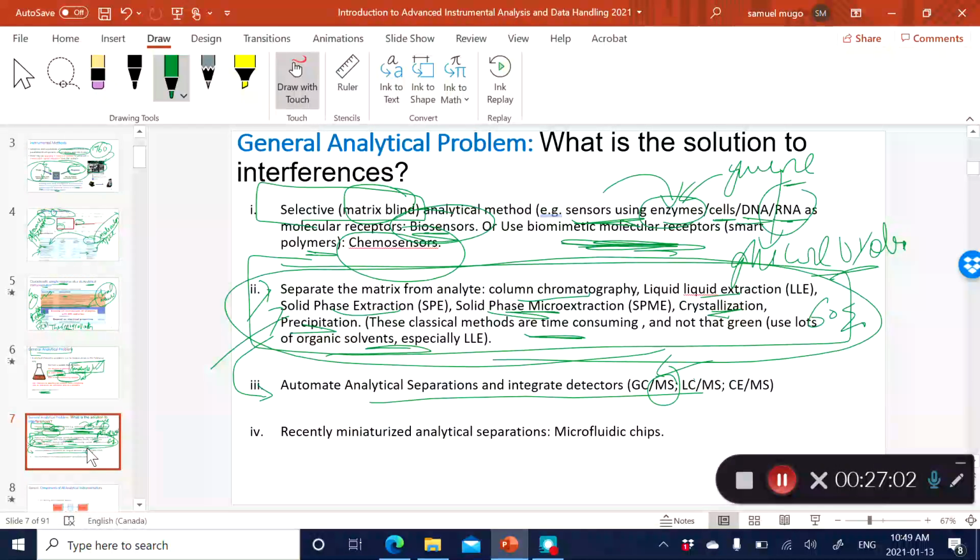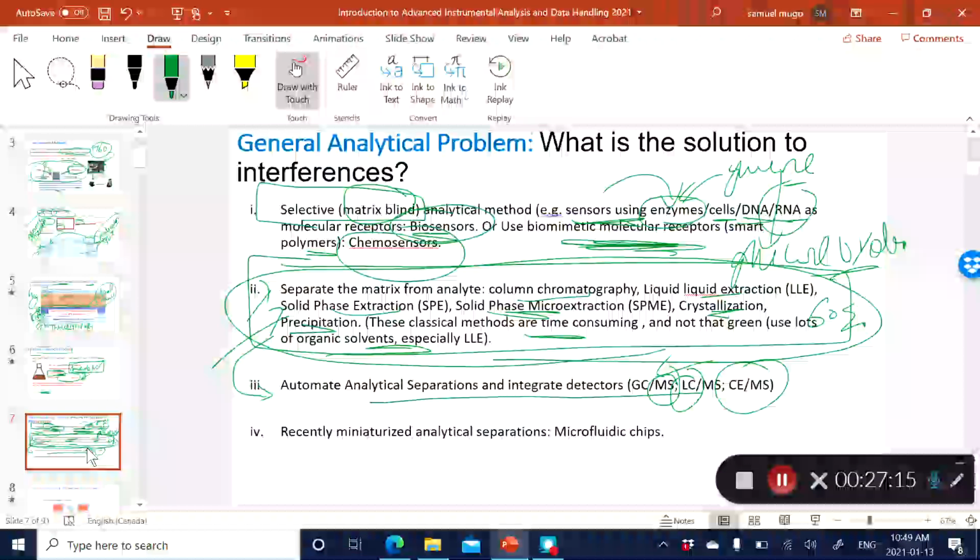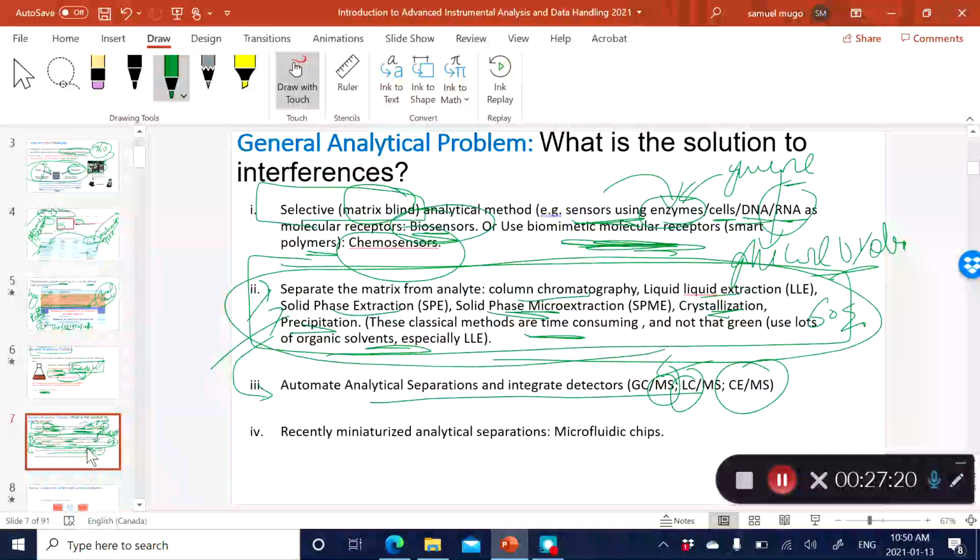But you can also do liquid chromatography, an automated form of column chromatography. You can also use capillary electrophoresis, which is an automated form of gel electrophoresis. So again, you can use that to address this analytical problem of matrices.